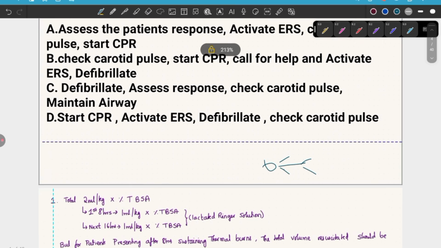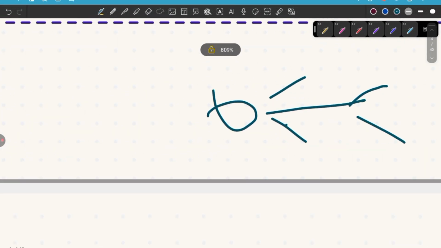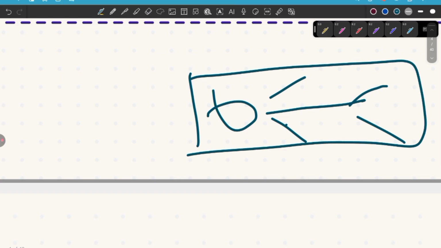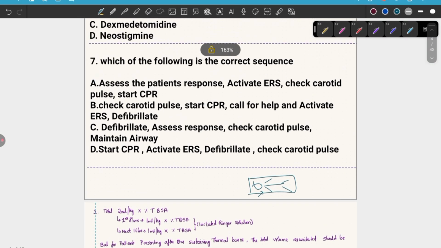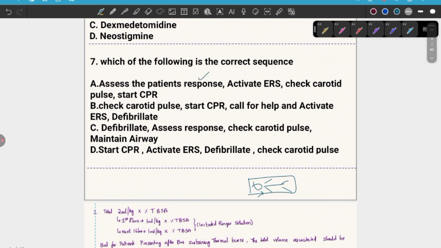After assessing the safety, then you have to see the patient's response. Here option A has patient response first, but in any other option, patient response is given second. It's not right, because assessing the patient response is very important before defibrillating, isn't it? So option C, let's rule out.